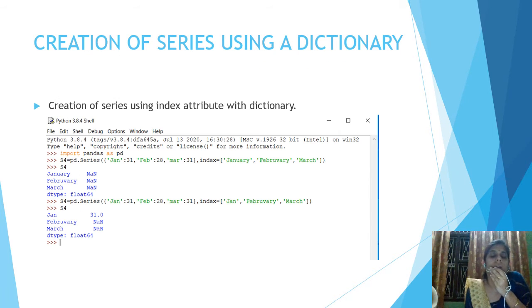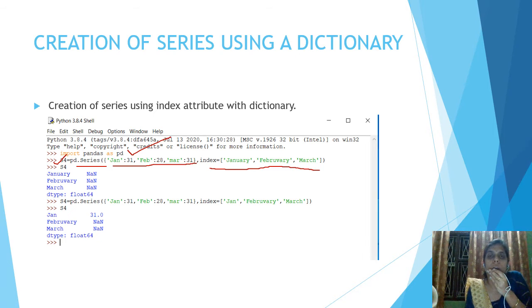In the next slide you can see what happens if we use the index argument whenever we are creating the series using a dictionary. So here is the code for that. Import pandas as pd. S4 is equal to pd.Series. Here a series object S4 is created again using a dictionary, but in this program we used the index argument explicitly.